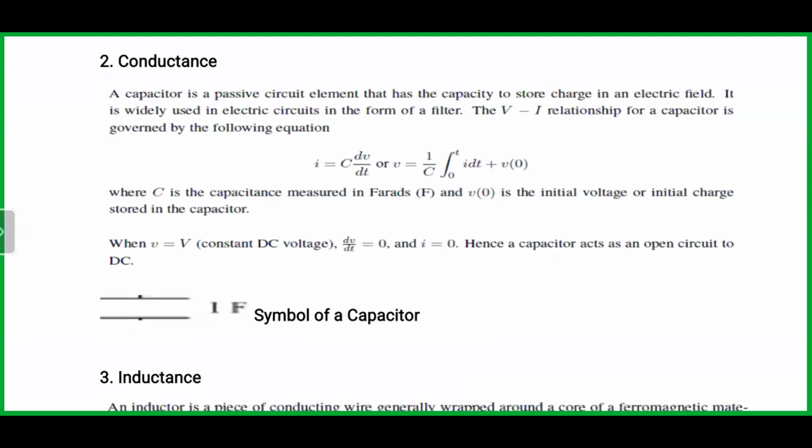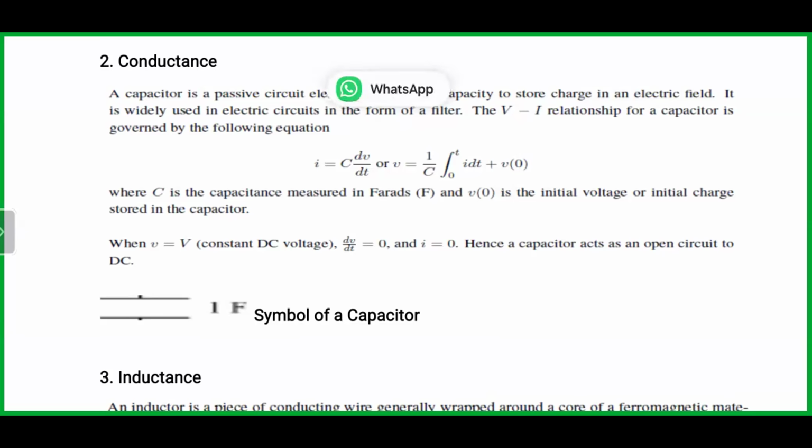Hence, a capacitor acts as an open circuit to DC. All what you have to learn here is also in regards to the type of capacitor we are talking about. In this case, the capacitor we are talking about is an electrolytic capacitor or polarized capacitor.